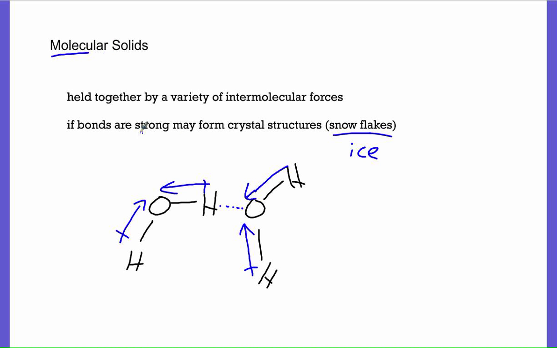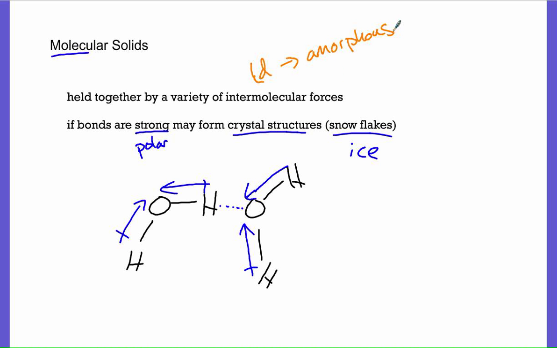If it's a strong bond, it's going to be some kind of polar interaction. It's a dipole-dipole. It's a hydrogen bond in this case. That's how you end up with this crystalline structure for that specific compound. But if they were London dispersion forces, you'd actually end up with some sort of amorphous solid as opposed to being a regular crystalline structure.